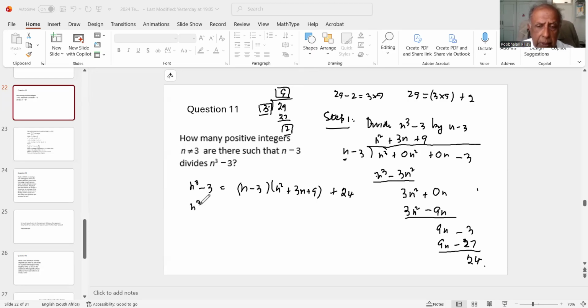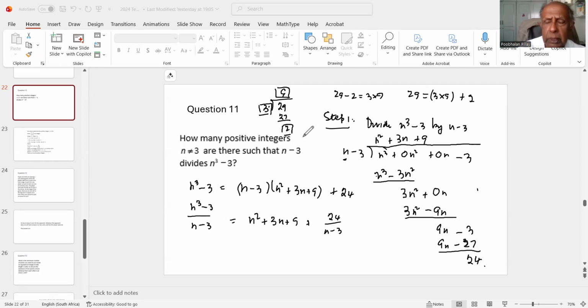So you get n cubed minus 3 over n minus 3. When you divide this by n minus 3, you just get the quotient, n squared plus 3n plus 9. And here you have 24 over n minus 3. So I'm dividing every term by n minus 3.